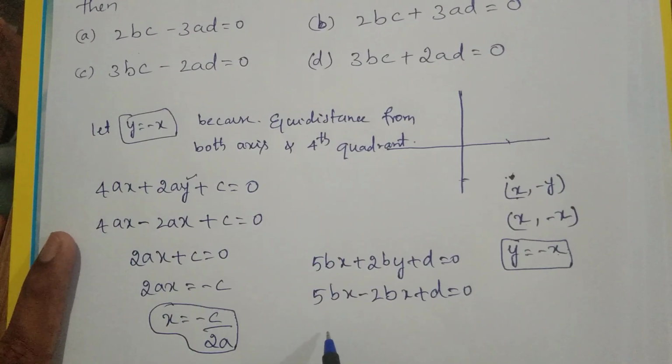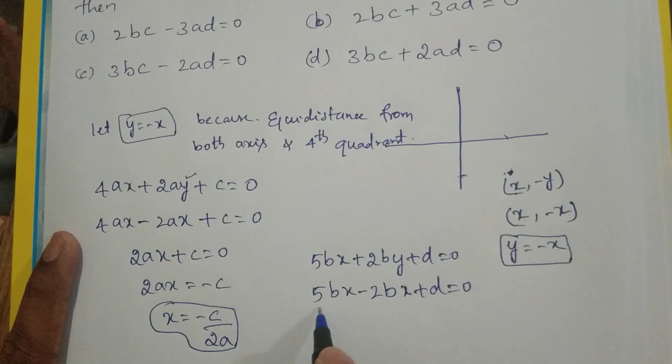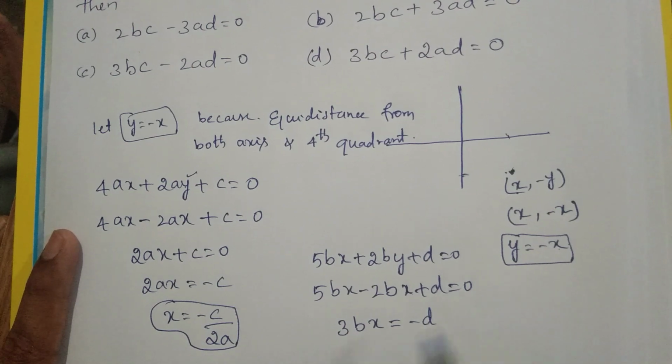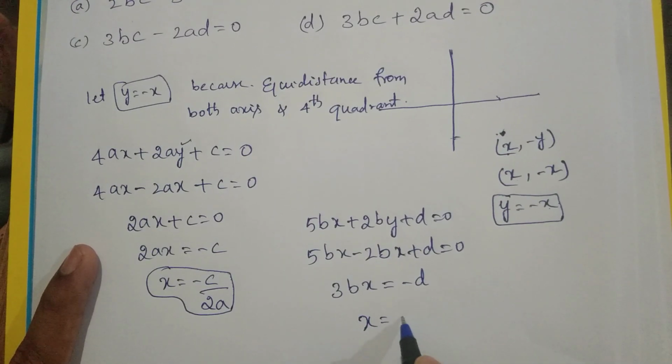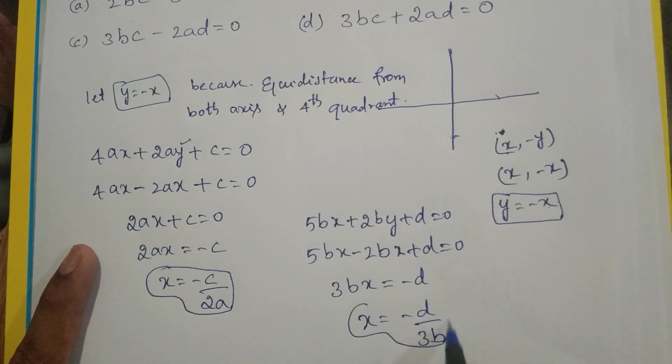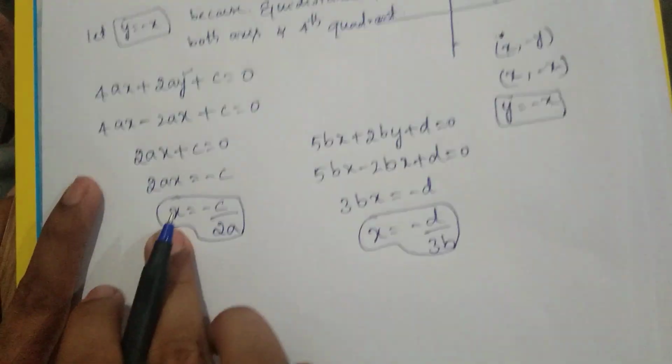Now 5bx minus 2bx, 3bx is equal to minus d. d will go to that side. Then x is equal to minus d by 3b. Okay, now this is x.